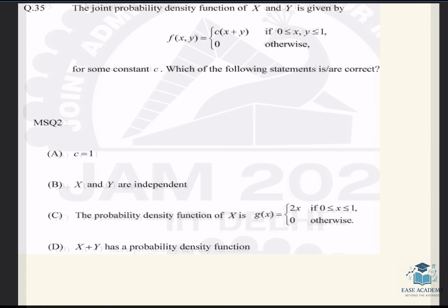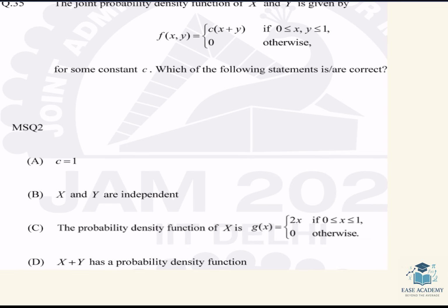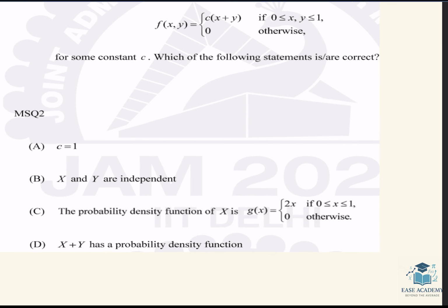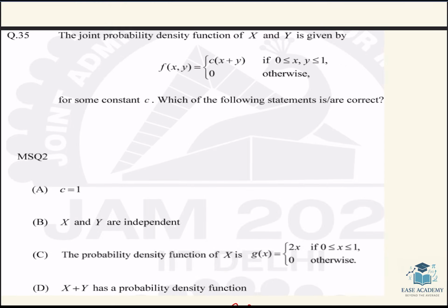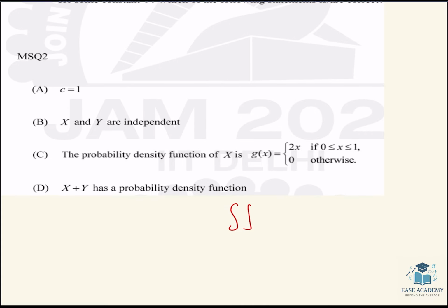So we know the property of a joint probability density function or a probability density function. If we integrate it over the whole range, we get 1. तो इंटीग्रेट करते हैं और देखते हैं कि क्या आता है. If we integrate this, we have to integrate double since we have joint probability density function of x and y.